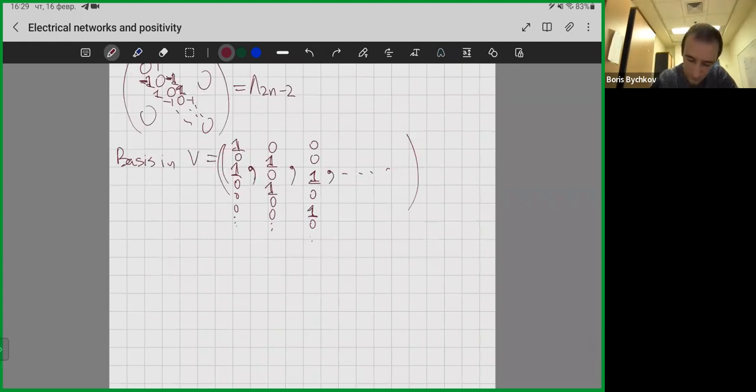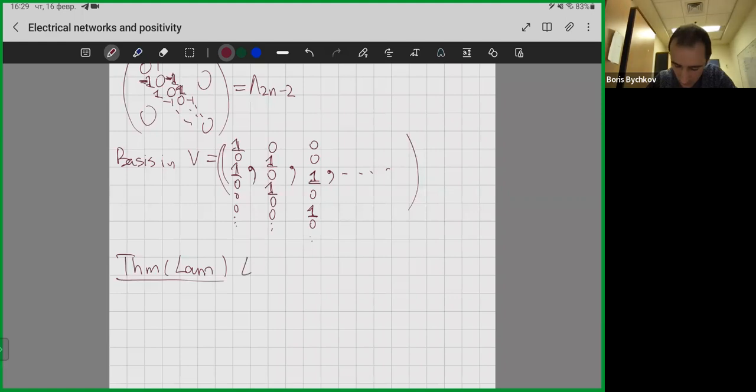Maybe it's a theorem of Lam, and it says that the space of electrical networks is indeed given by planar electrical networks.